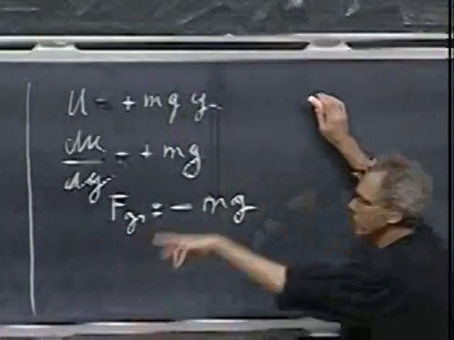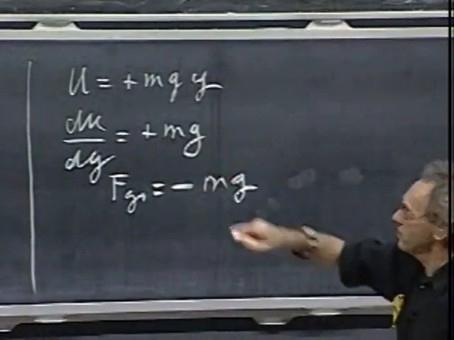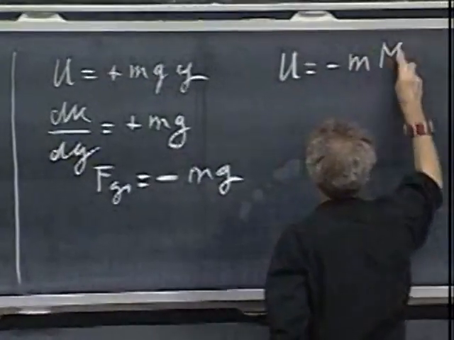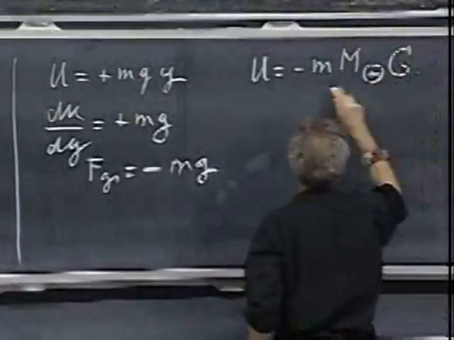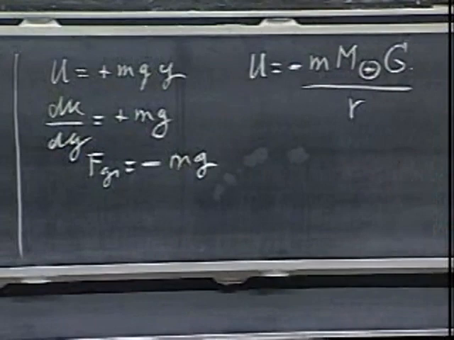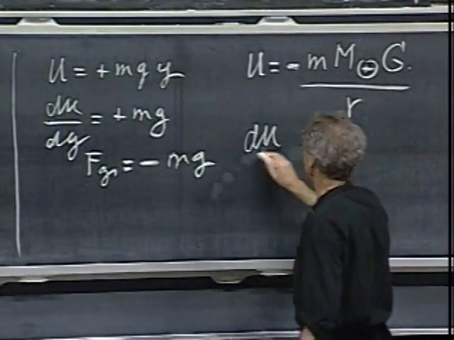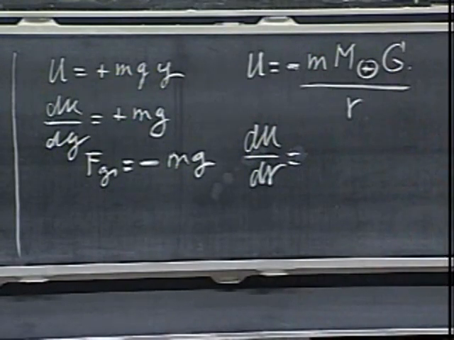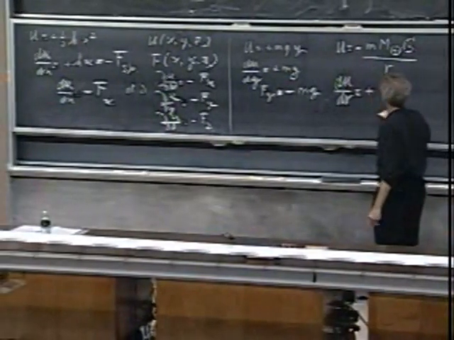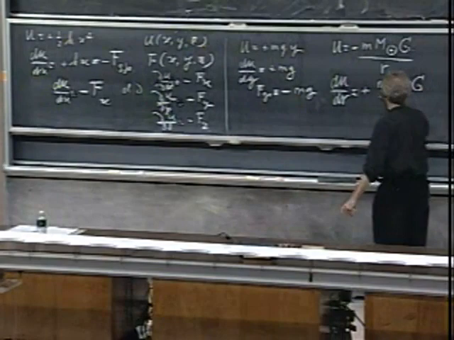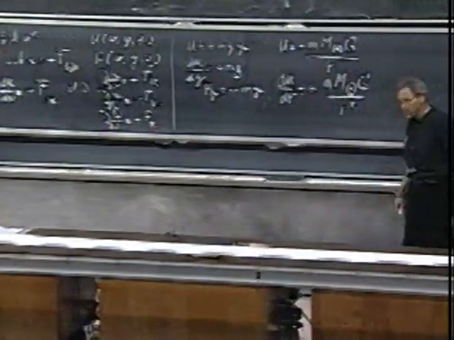Now we take the situation that we are not near Earth. So we have u equals minus m_Earth g divided by r. There's only an r here. So du/dr: the derivative of 1 over r is minus 1 over r squared. The minus sign eats up this minus sign, so I get plus m_Earth g divided by r squared.